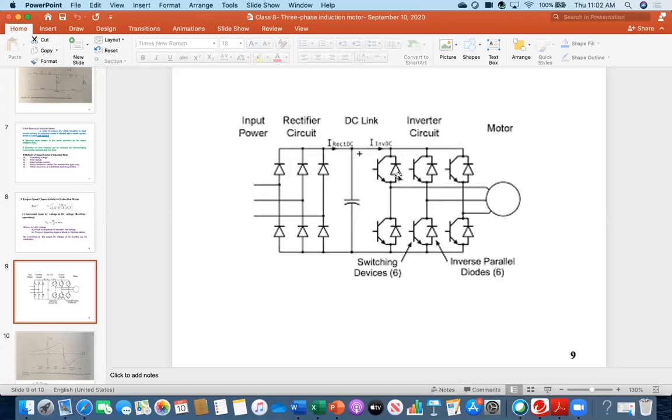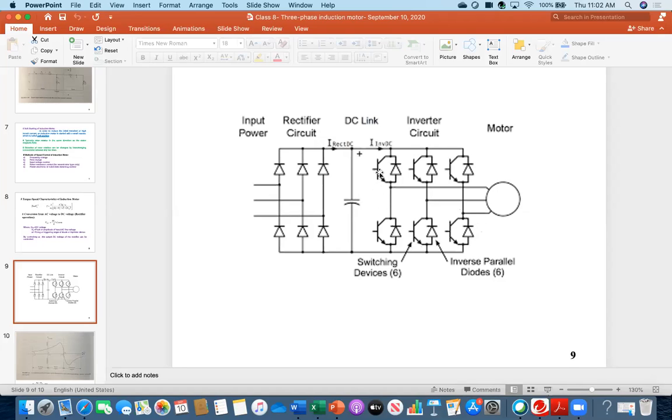And these are the anti-parallel diodes. So with this arrangement, this is a very sophisticated and very robust inverter. You can convert from DC into AC with the desired amount.